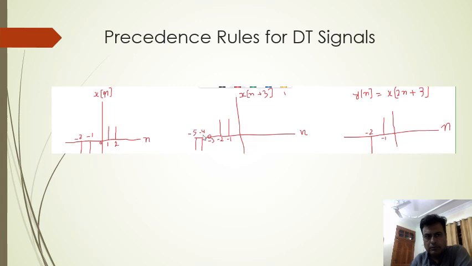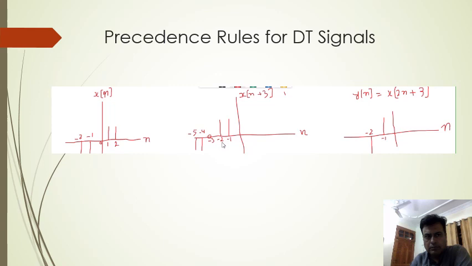The next point, which exists at n equals -4, will exist at n equals -2, because -4 is divided by 2. Similarly, the point which exists in this signal at n equals -3 will also be divided by 2, so -3 by 2 is -1.5, but again it will be lost because this is not an integer.